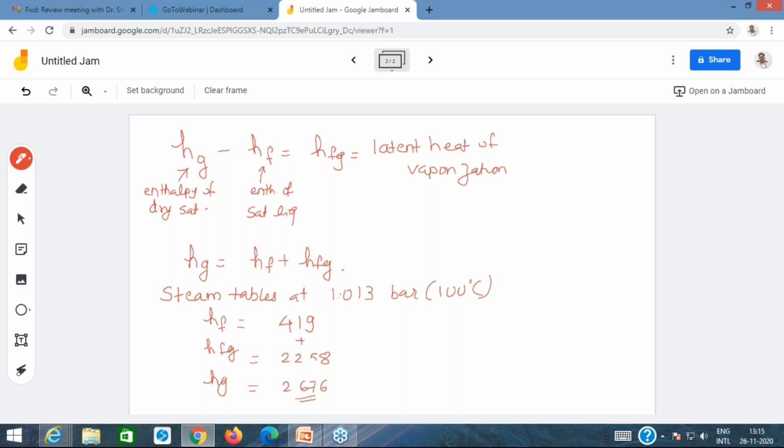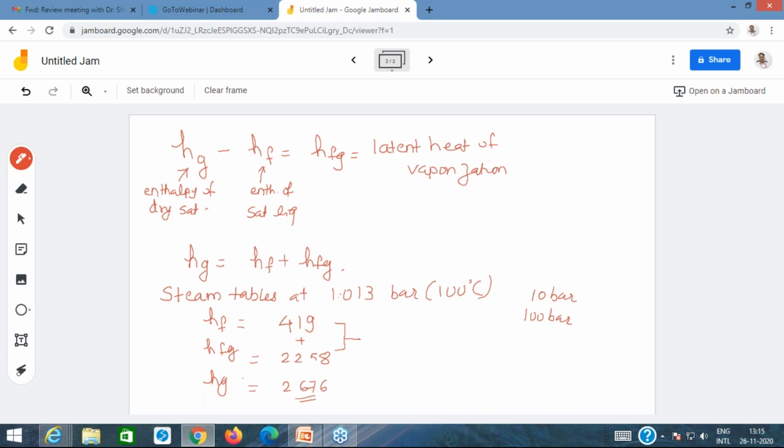So this you can always cross check. You can take any pressure and you can convince yourselves. You can take 10 bar pressure, you can take 100 bar pressure, and you can convince yourself that Hg minus Hf is always Hfg, or Hf plus Hfg is always Hg.